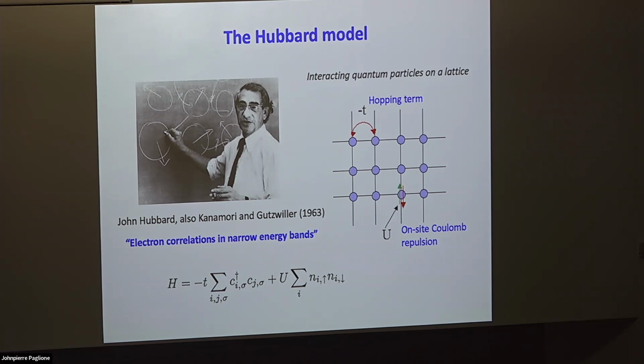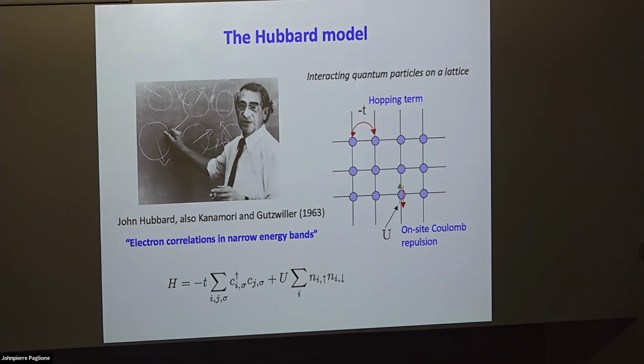There are only two terms in the Hamiltonian. It's really the physicist's approach to take interaction into account in a very simple way. The first term is the tunneling of the electron between the lattice sites. If you only have this term, it is solid state physics 101, a tight-binding model, where you broaden the atomic levels into bands. The additional term added by these three people is an on-site Coulomb repulsion.